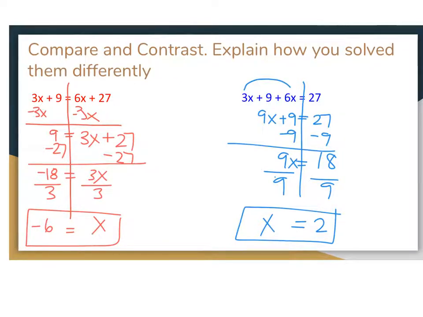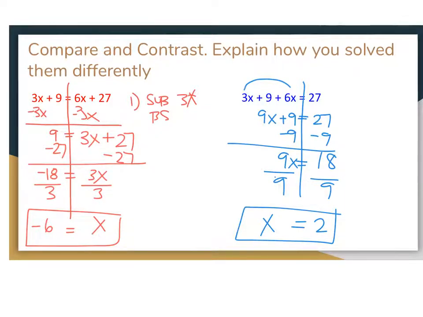Okay. So in this first problem, our first step was to subtract 3x from both sides, to get the variable on one side, to isolate the variable on one side.